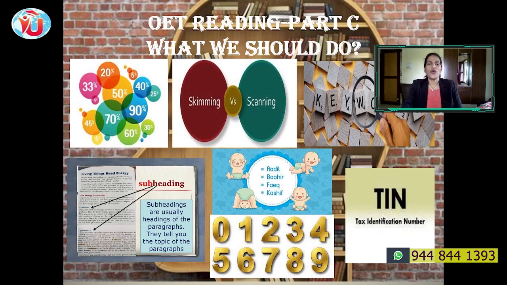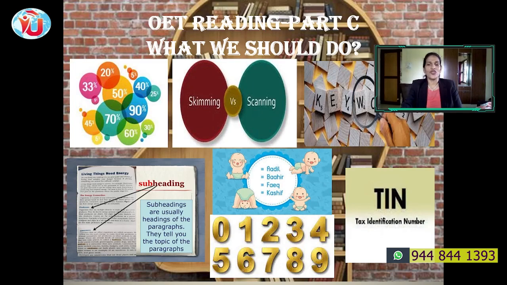Remember, when you skim for percentages, if it is below 10, you will find it in words. But if it is above 10, it will be in numbers. So don't panic about where is 2%. Okay? 2 will be written as TWO. They don't write 2 as a number.